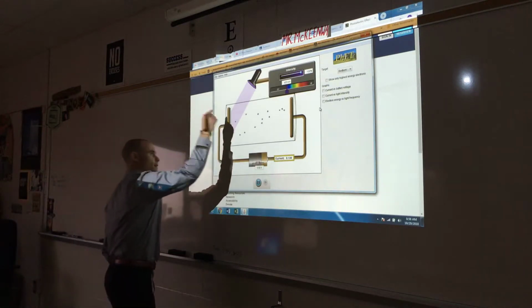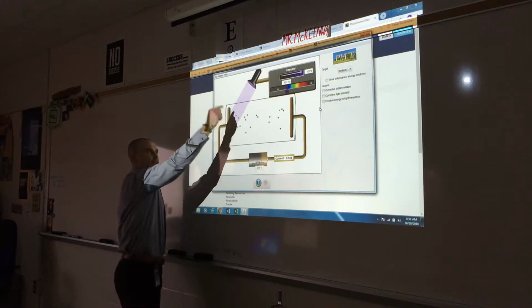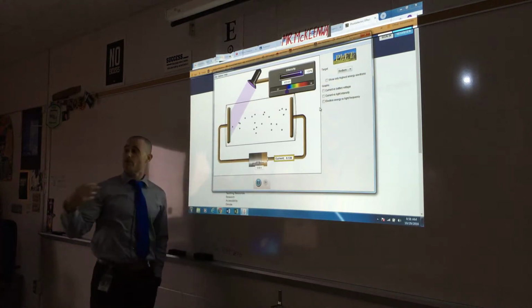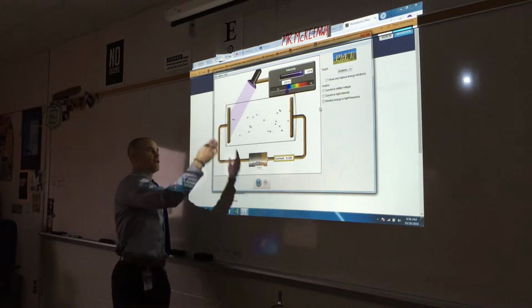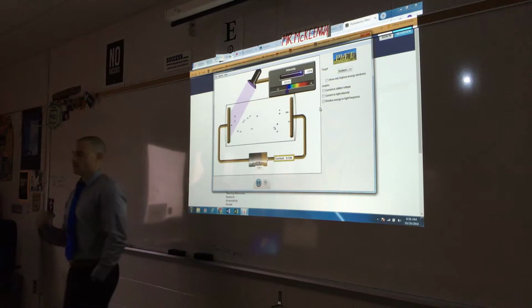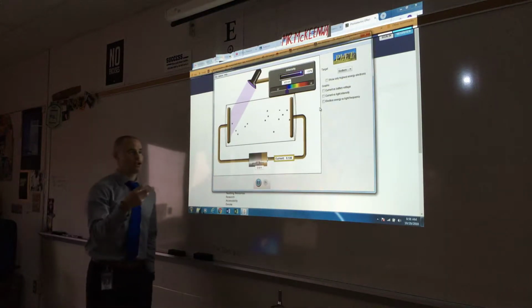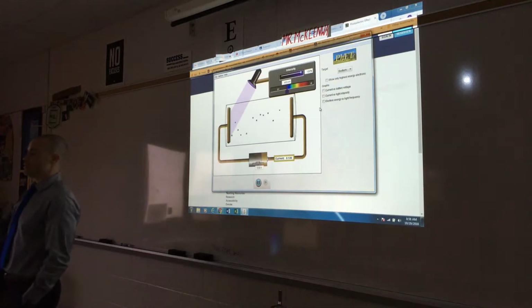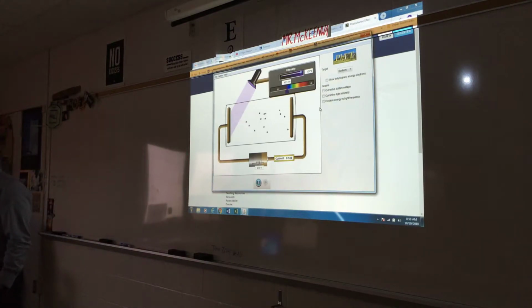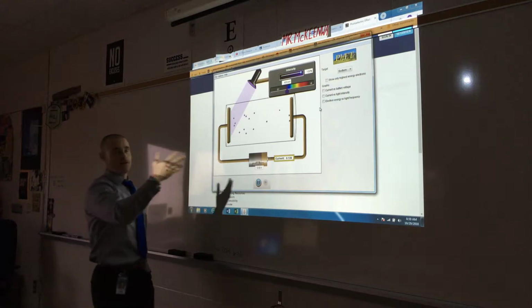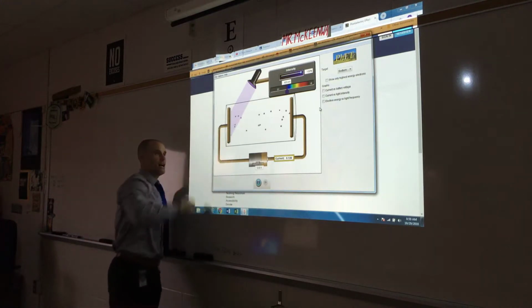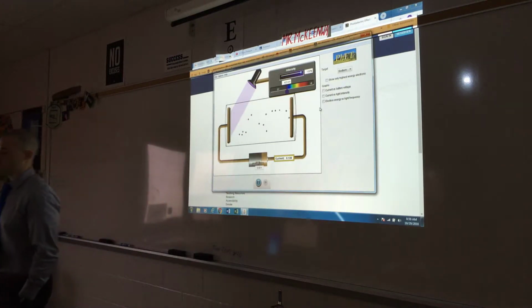When light is shined on a piece of sodium, if this light has the proper frequency, it will give this metal the proper energy, and that energy will allow the electrons to jump off of the metal. What is the photoelectric effect? When light shined on a piece of metal ejects electrons from that metal.